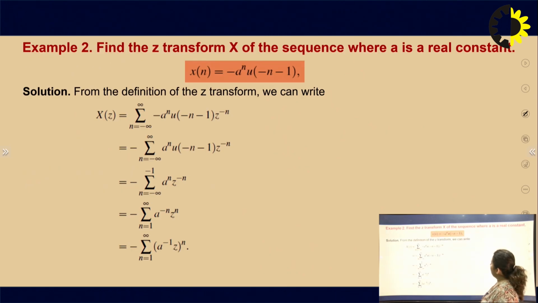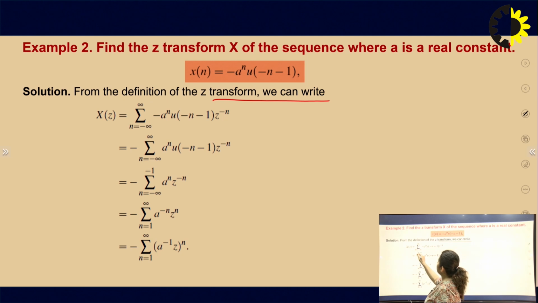Find the z transform X of z of the sequence, where a is a real constant. So here the sequence is given: minus a to the power n, u of minus n minus 1. How to find it? From the definition of the z transform, we can write X of z equals the sum from n equals minus infinity to infinity of minus a to the power n, u of minus n minus 1, z to the power minus n.